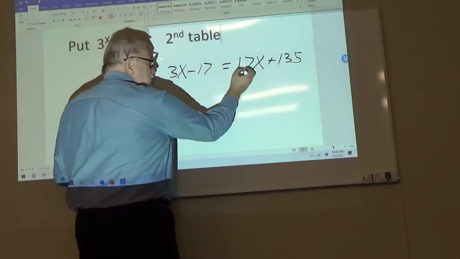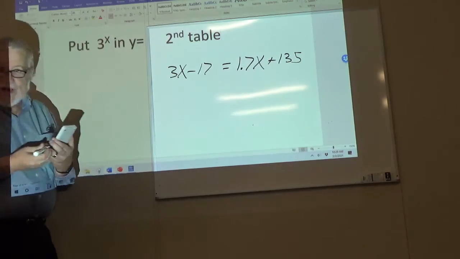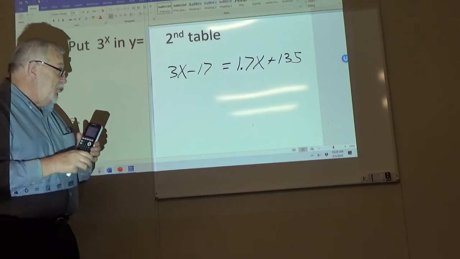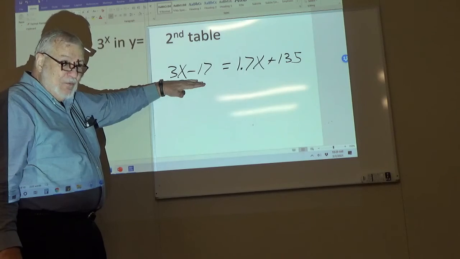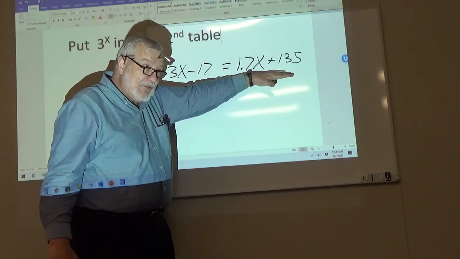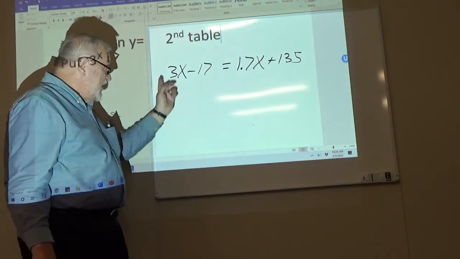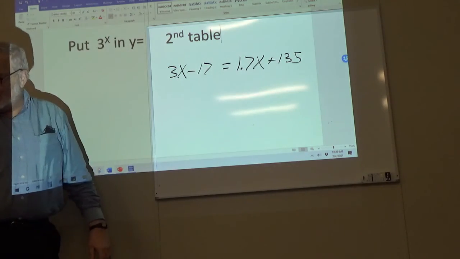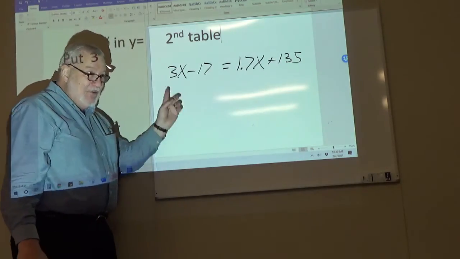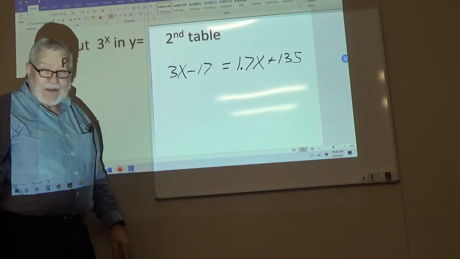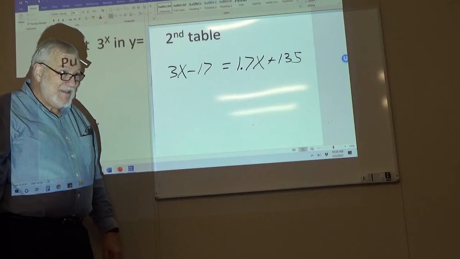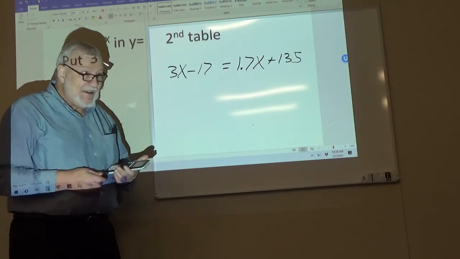Here's an equation that you have to solve for x. If you put one side into y equals in one, and the other side into y equals in another, and find the intersection, that will be where x is the same value on both sides. So instead of having to move it all and collect it, you can put each side in the calculator and then do intersection. Second calc 5, which is really what we just did.